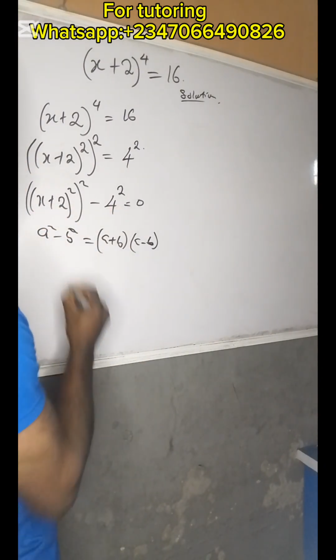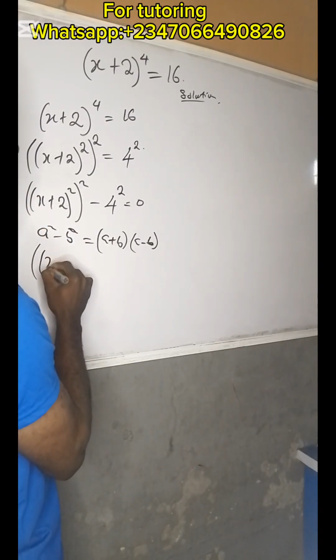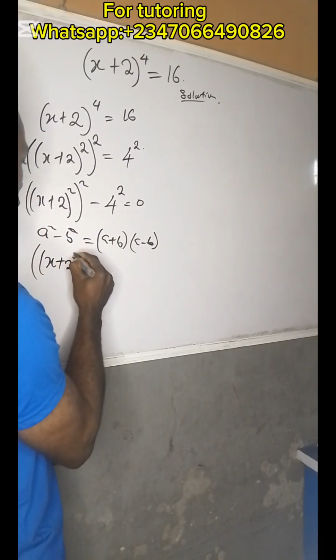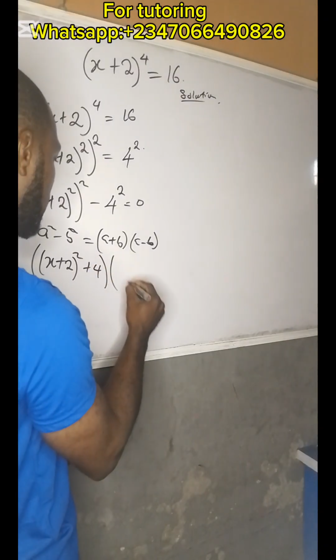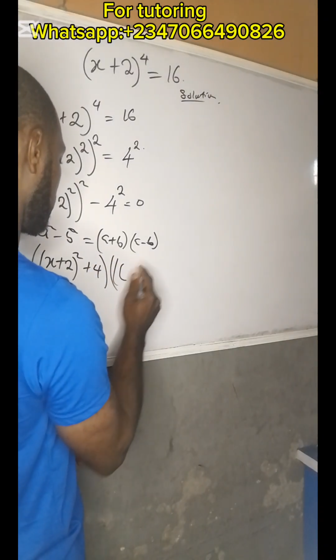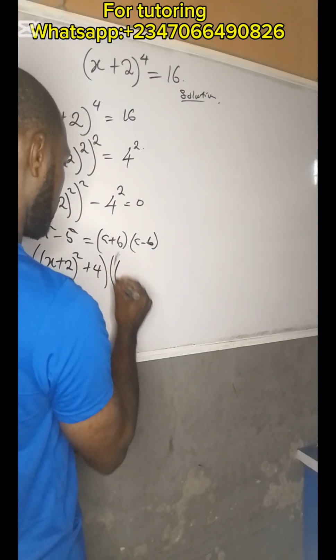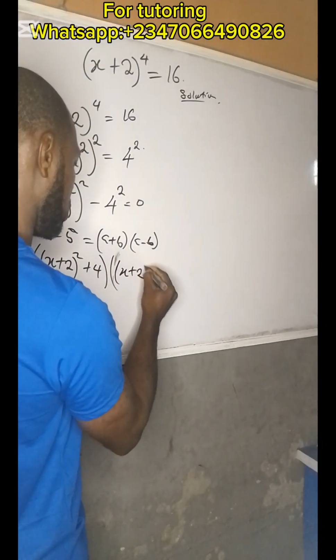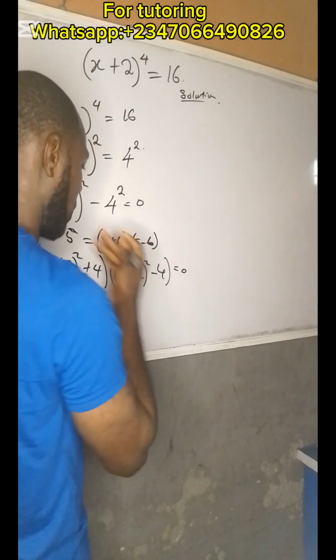So we now have ((x + 2)^2 + 4) times ((x + 2)^2 - 4) equals 0.